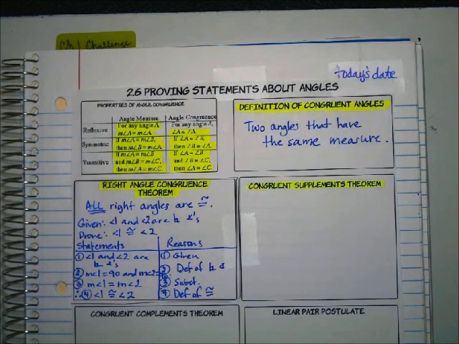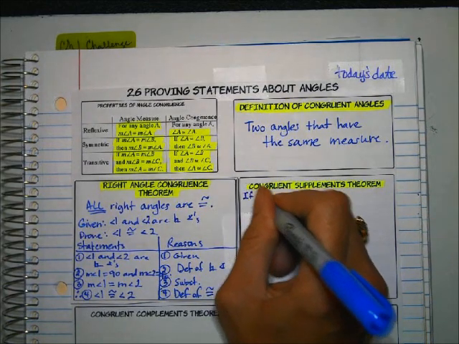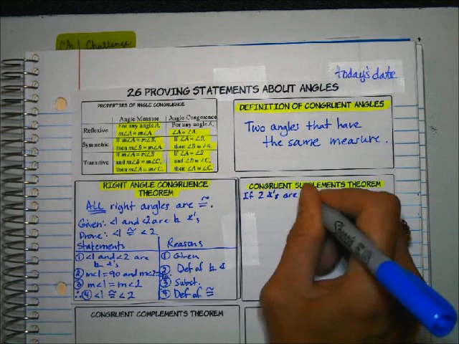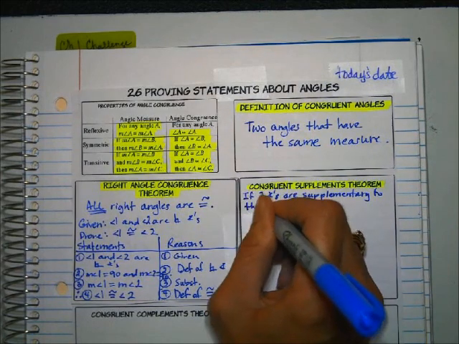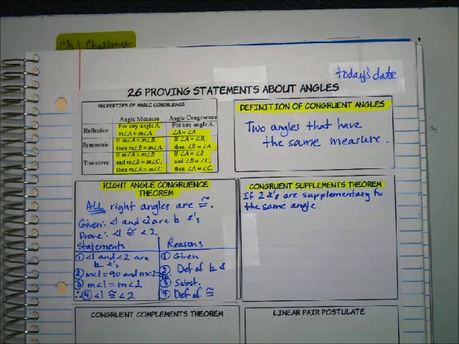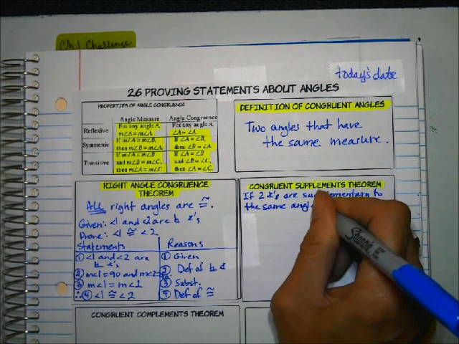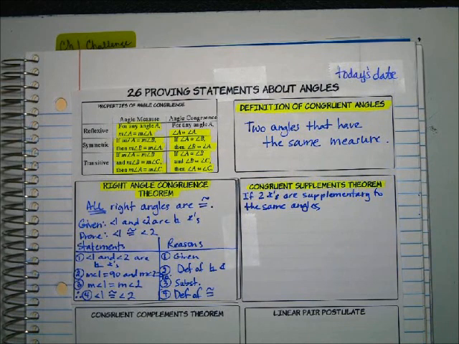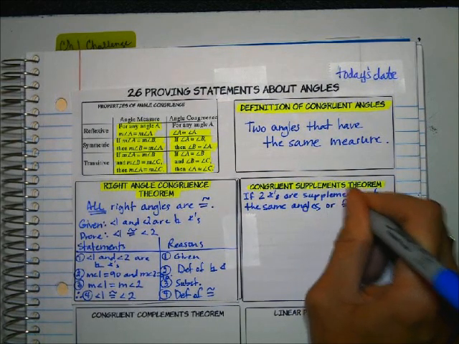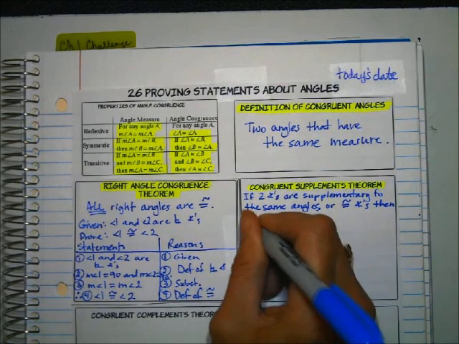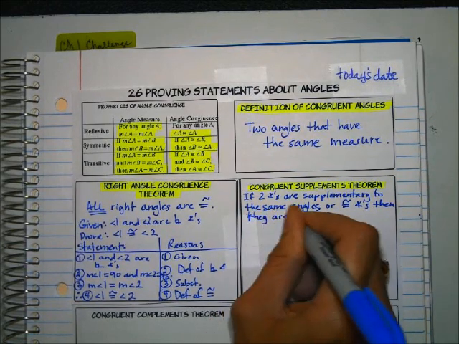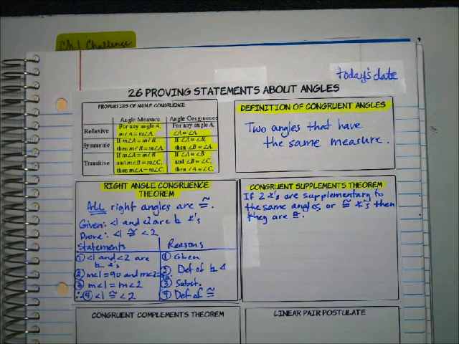It says if two angles are supplementary to the same angle, or congruent angles, then they are congruent. Alright, so here we go.